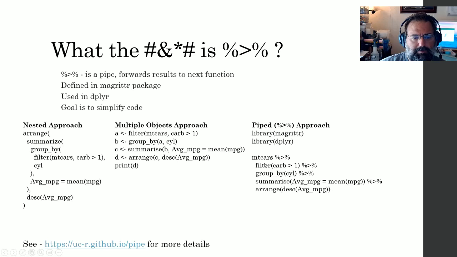And that's where the piped approach is kind of clean, in that it reads left to right, and you start off with the thing that you do first, which is taking the data frame, and then you're basically saying send that through filter, which is what you're doing here. Then take that and group it based upon cylinders, then calculate the summary of miles per gallon, so the mean, and then you arrange it, so order it in descending fashion by miles per gallon.